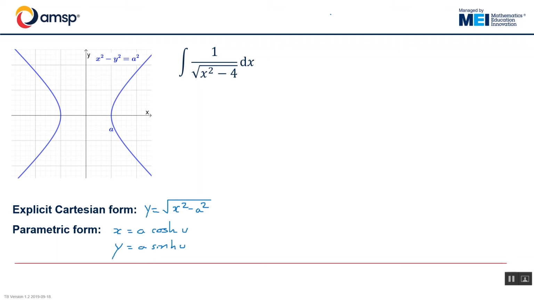What does that look like if we write it out? Well, what I can say is I'm going to use the substitution x equals 2 cosh u, 2 just because it's the square root of 4 here, and I had a squared. If I use that substitution, I would need dx by du, which is 2 sinh u.